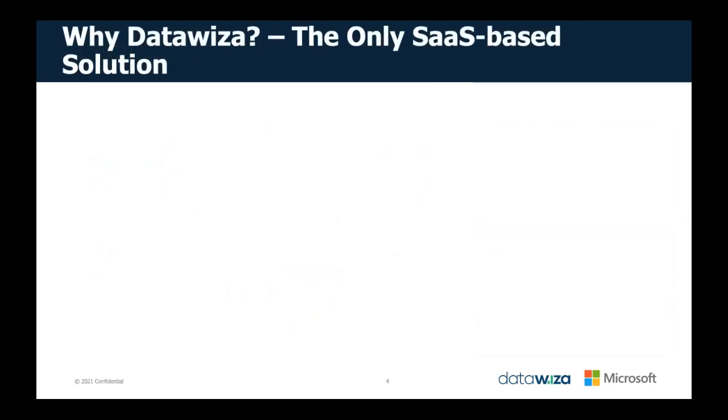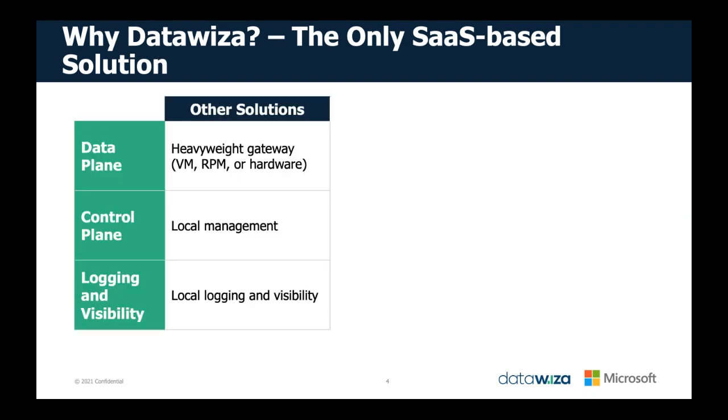And why Datawiza? I think we touched this a little bit, but we would like to emphasize several points as well here. First of all, if you look at other solutions, usually they are heavyweight gateways delivered as a virtual machine, right? Which may require maybe 200 gigabytes of disk storage and several CPU cores. They could also be delivered as RPM or even hardware.